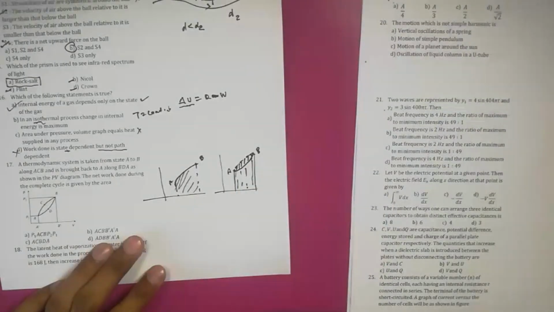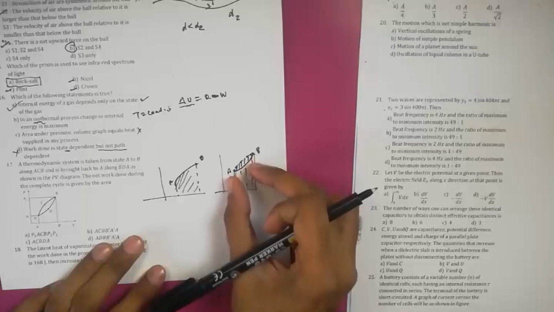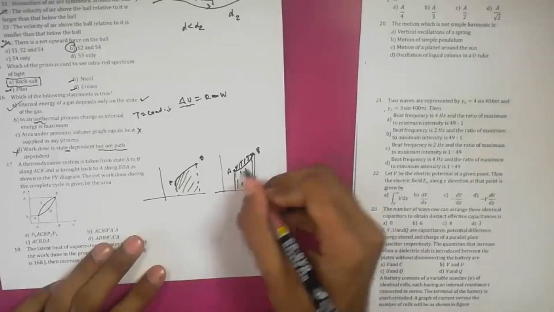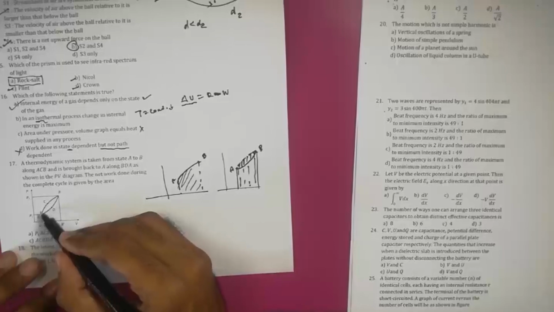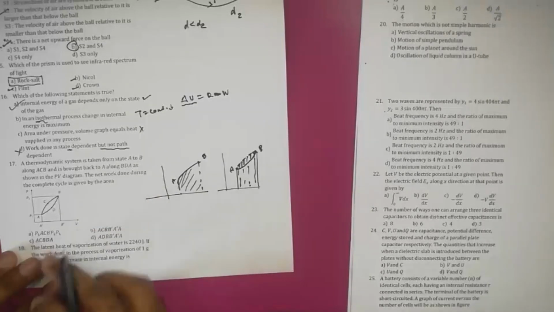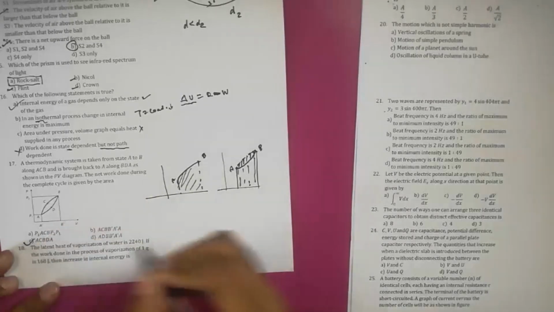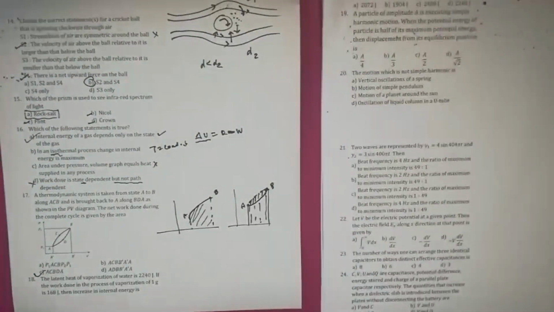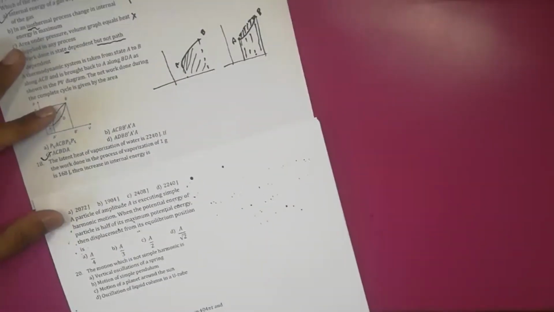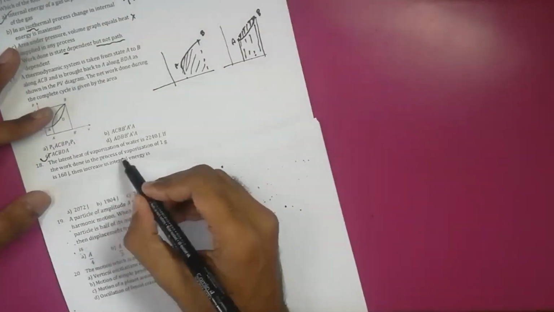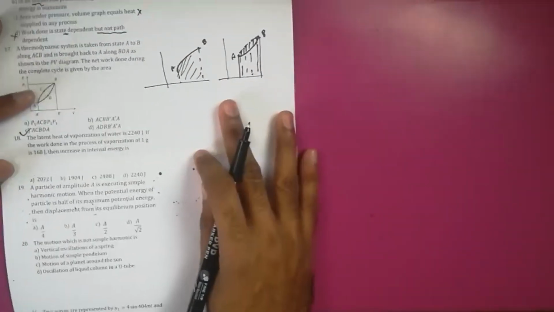All right. Next question is, the latent heat of vaporization of water is 2240 joules. If the work done in the process of vaporization of 1 gram is 168 joules, then the increase in the internal energy is. So it is simple again.